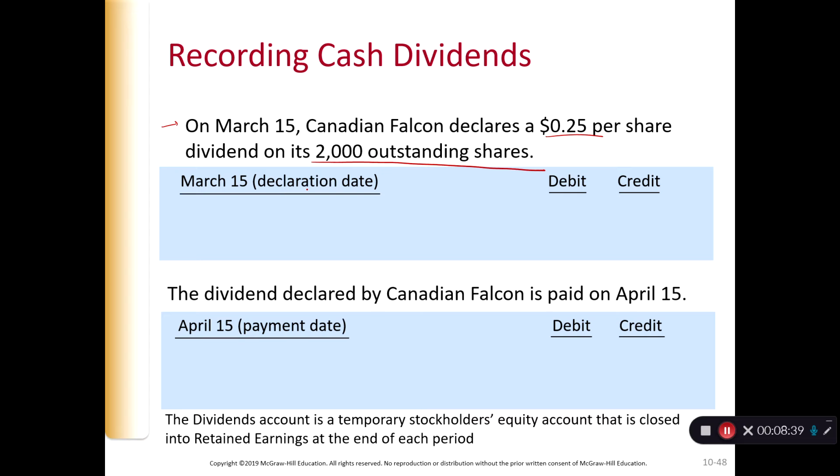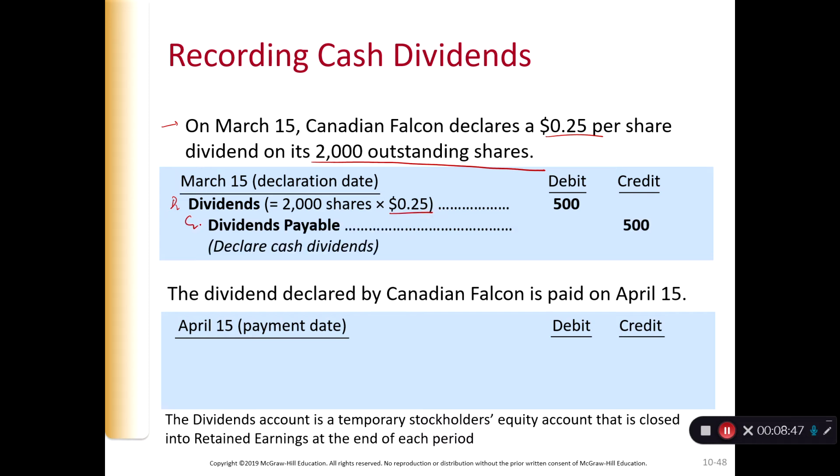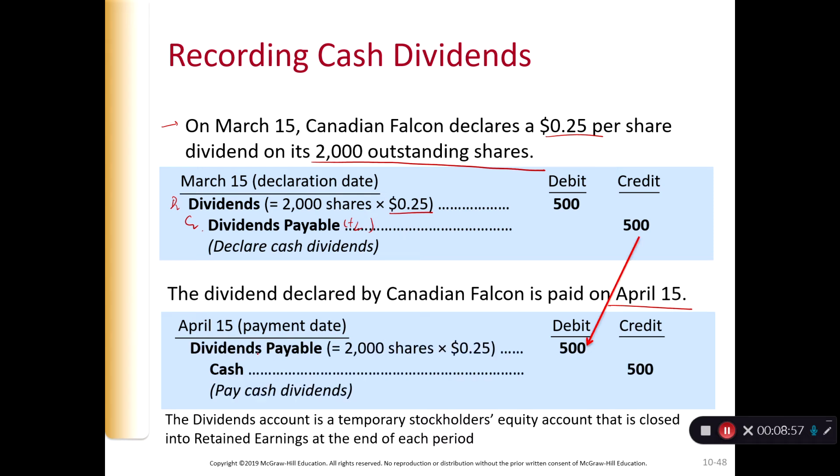So the declaration date is March 15th. You will debit dividends for 2,000 shares multiplied by 25 cents, and you credit a liability account, dividend payable, for $500. The dividend declared by Canadian Falcon is paid on April 15, which is the payment date. We will debit the dividend liability and credit cash for $500.